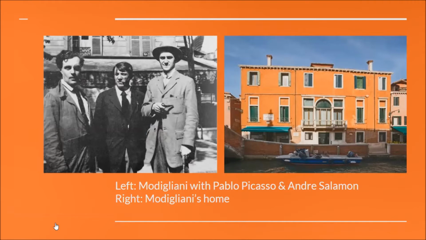In 1906, he moved to Paris, and that's where he met lots of other artists like Pablo Picasso, you see in the photo here with him, and André Salomon. And to the right, there is a photo of his home where he lived when he was there.